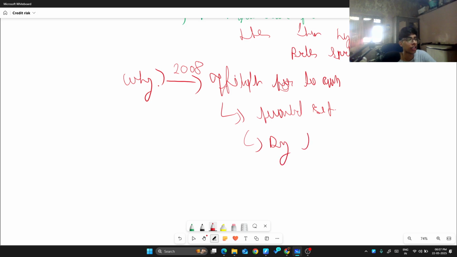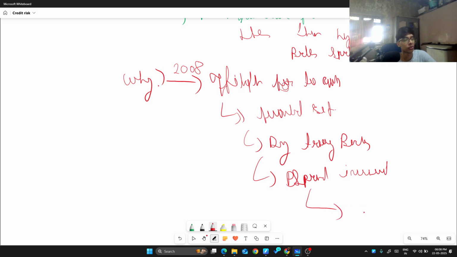They were buying treasury bonds, and because of that the spread increased, and that led to an increase in the default spread, the credit spread. This is the main reason.